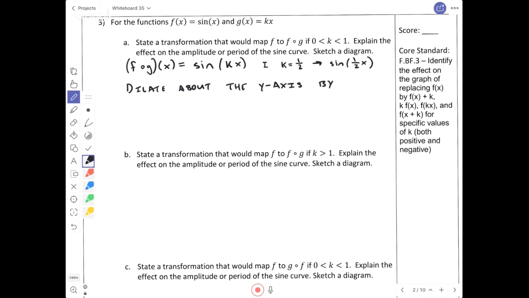So that's 1 over 1/2. So 1 over k. And the period would increase.